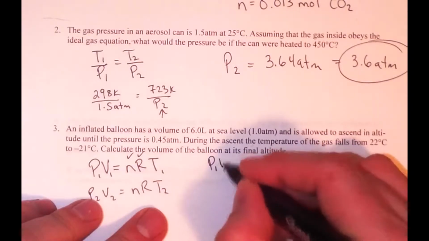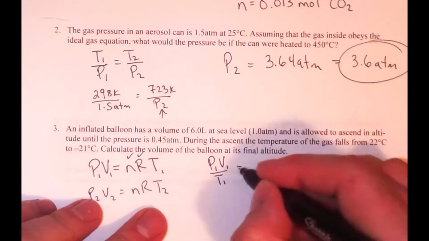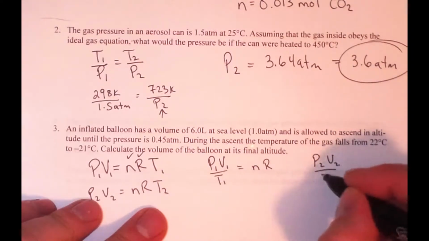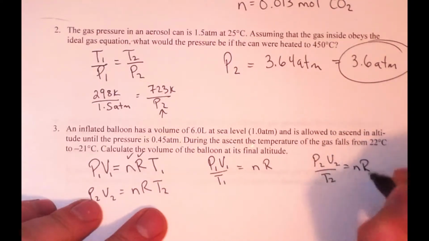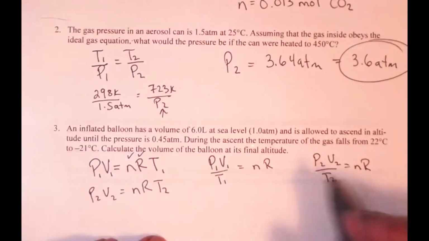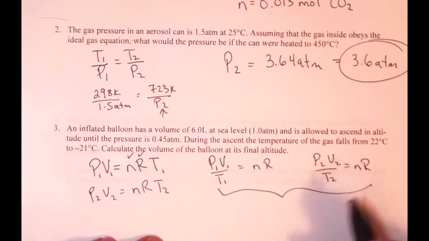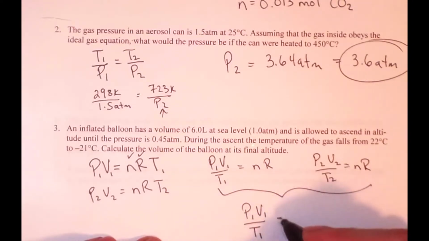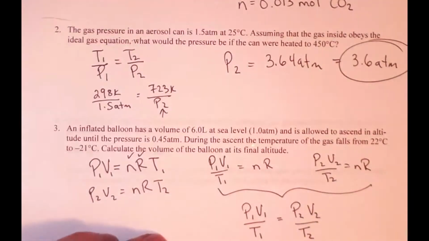So P1 V1 over T1 is equal to nR. P2 V2 over T2 is equal to nR. Since these are equal, I can say P1 V1 over T1 is equal to P2 V2 over T2.